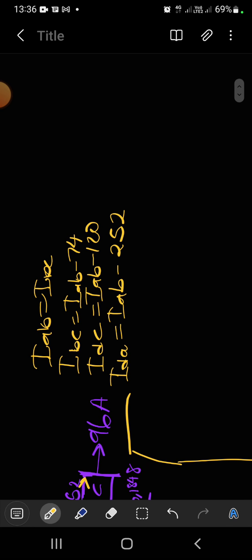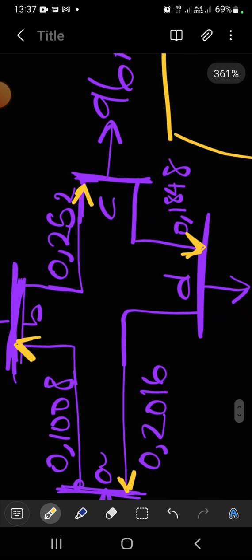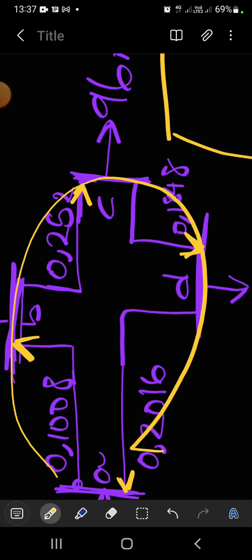So we're done with step number, what step is that? It's step number 3. Our last step, we apply Kirchhoff's voltage law now to find the voltage drop. You know that the sum of voltages around the loop is 0. We're gonna do that.